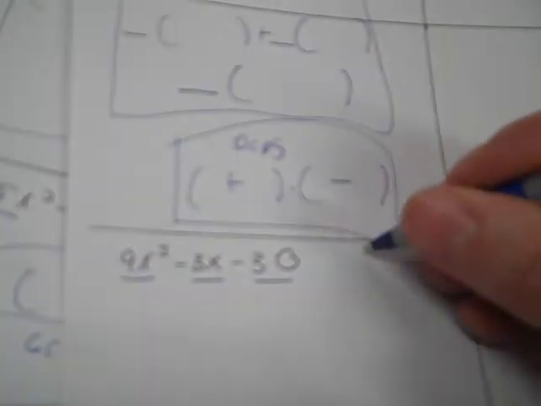Okay, DOPS. Okay, the next one, there are 3 terms. Okay, 3 terms is GCF and then the table. We're always going to want to know what A equals.